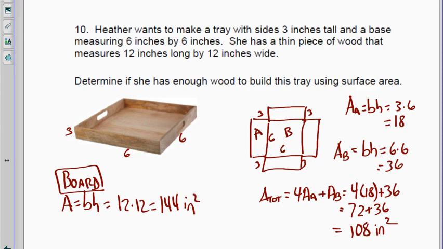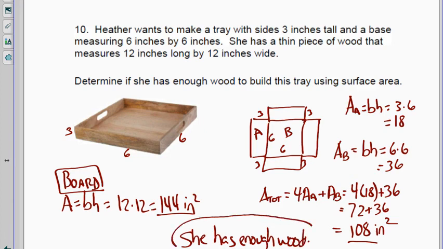But for our math problem, you just got to make sure that the area of what we want is less than the material that we have. So does she have enough wood? She has enough wood. Yay, Heather.